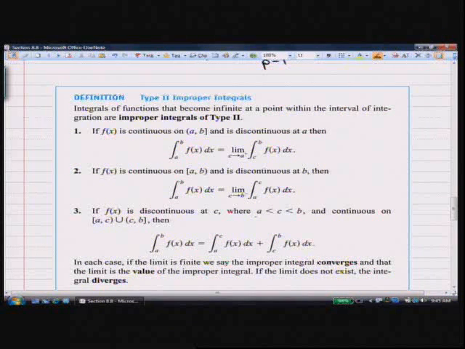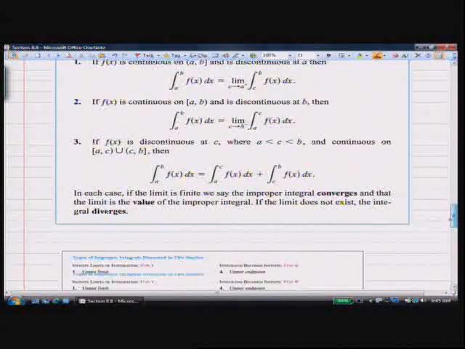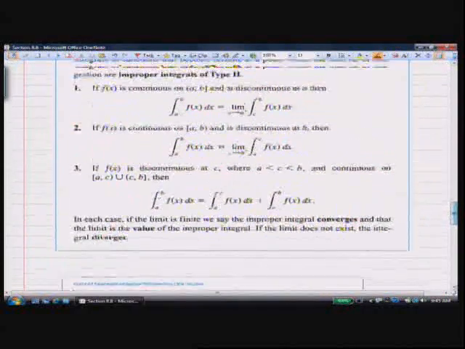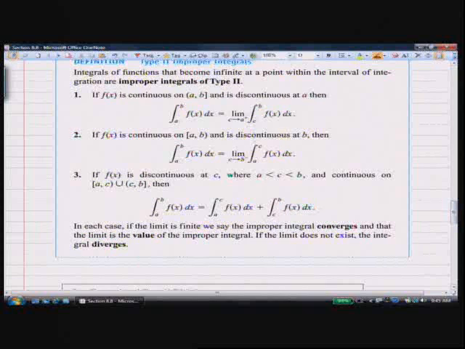And so what you do is you just look at the limit as you approach that particular problem area either from the left or the right. And in each case, we still say that the improper integral converges, and the limit is the value of the improper integral if it exists, if it's finite, and if it does not exist, then we say that the integral diverges.